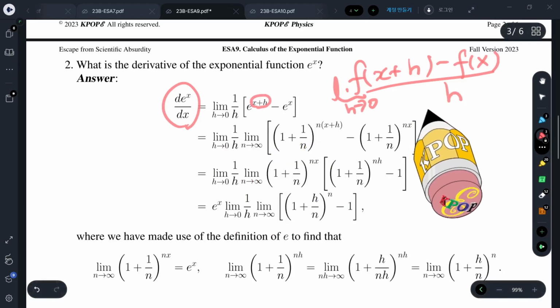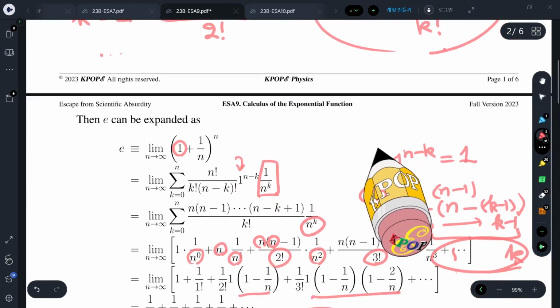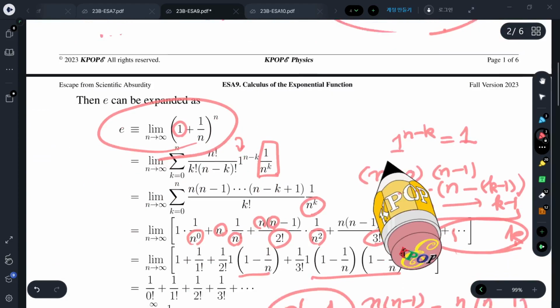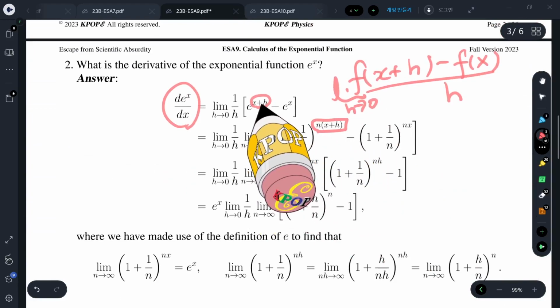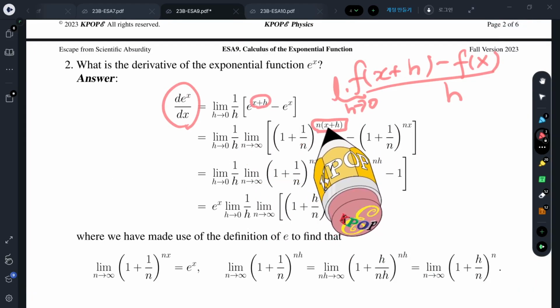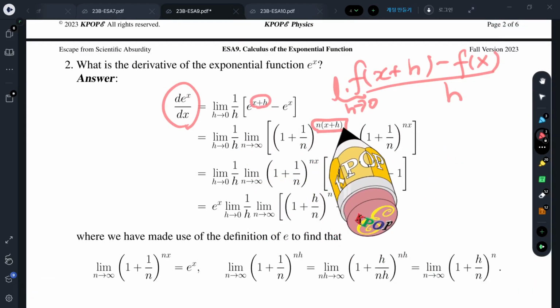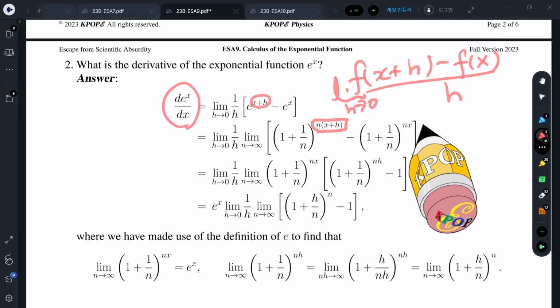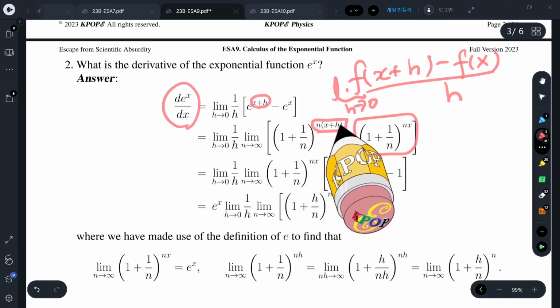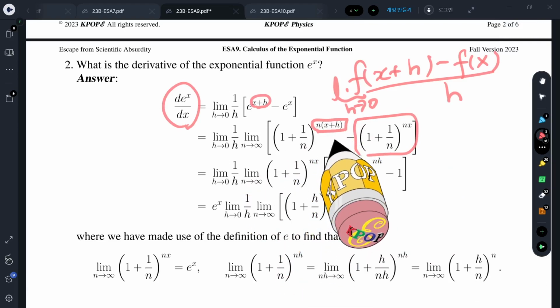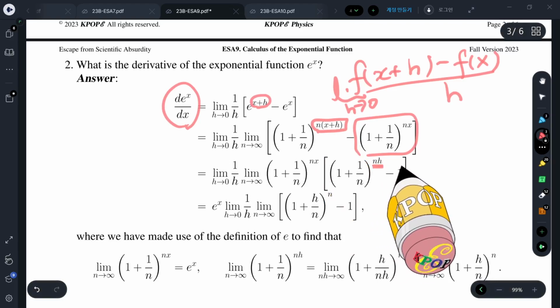And then we use the definition of Euler's number here, and the power has been changed. It's nx plus h, and nx. We can factor this common factor out. In that case, what remains is the power subtracted by 1.